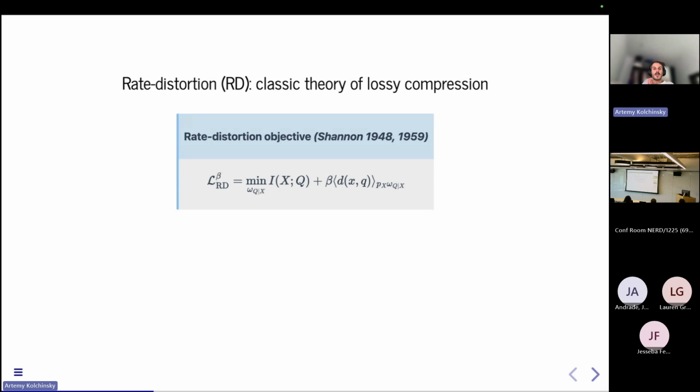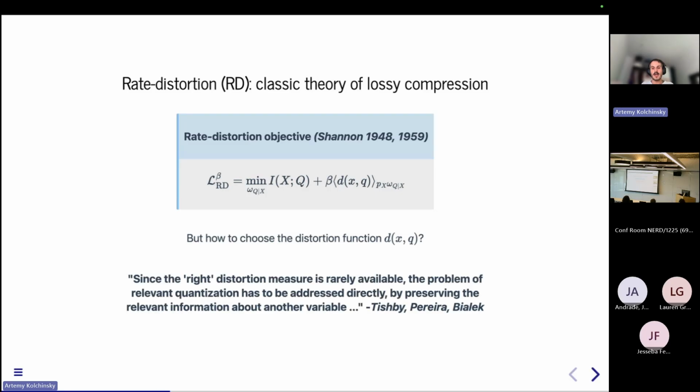So where did this kind of idea come from? Well, the original paper that proposed the information bottleneck, which was, I think, around the year 2000, actually began from the concept of rate distortion, which is the classic theory of lossy compression that was developed, starting from the late 40s, by Claude Shannon and then other people.